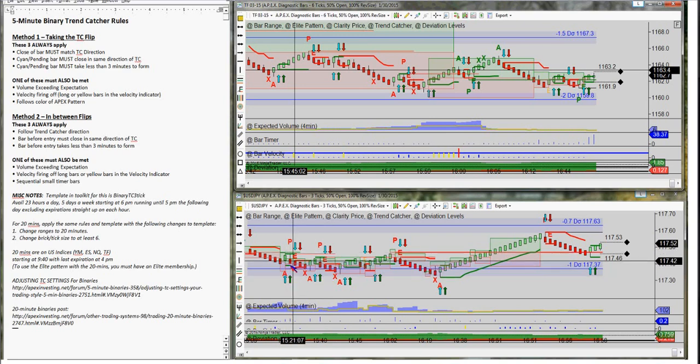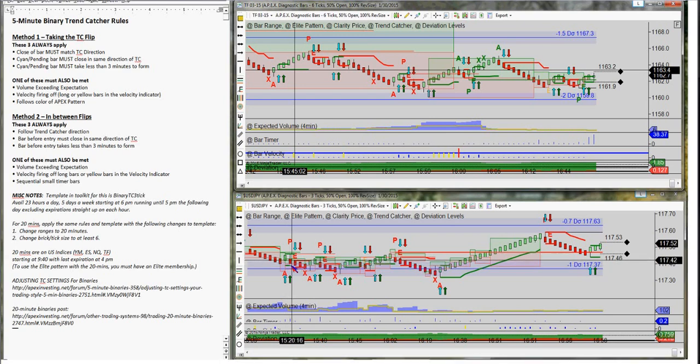So this is my first clue that you've got chop coming on: a red candle that completed and a green arrow. Now, you wouldn't have necessarily known that one was coming because you had a nice little red trend going here, and you might think, okay, it's going to reverse, so you've got a nice little uptrend.